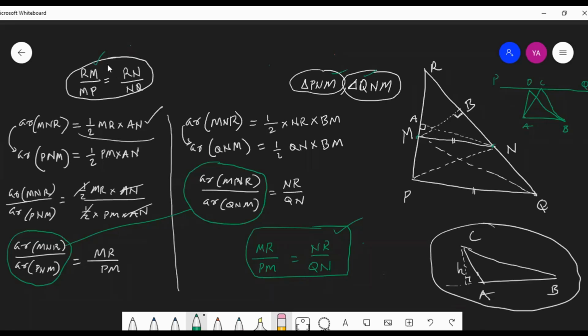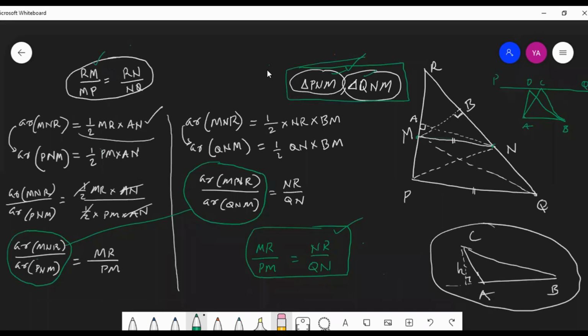So what we have done here: first we joined MQ and PN. We also drew two perpendiculars, one from point N to MR and one from point M to NR. Then we gave names A and B. First we wrote the area of triangle MNR.